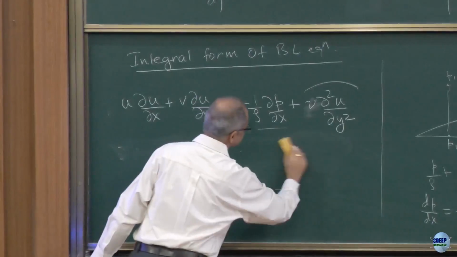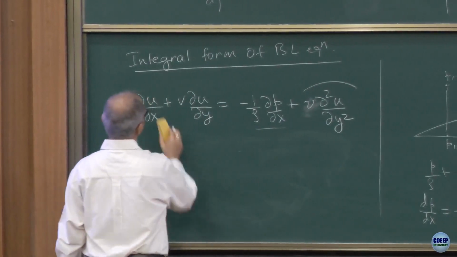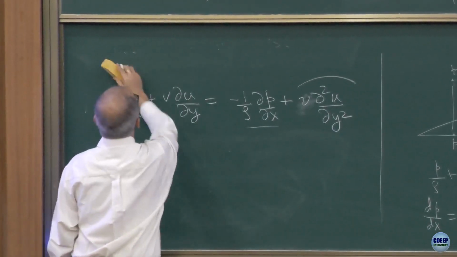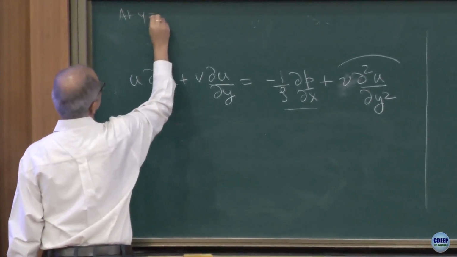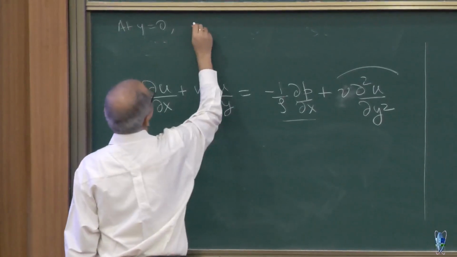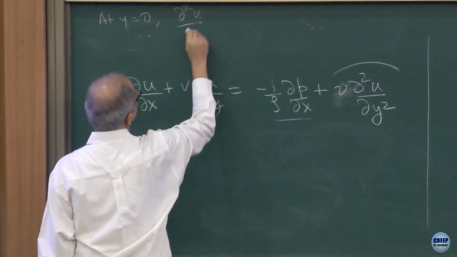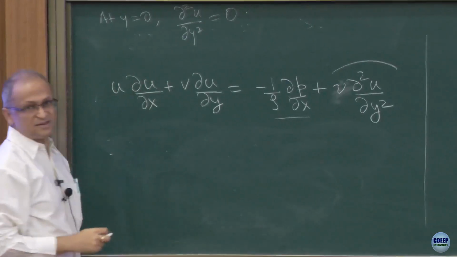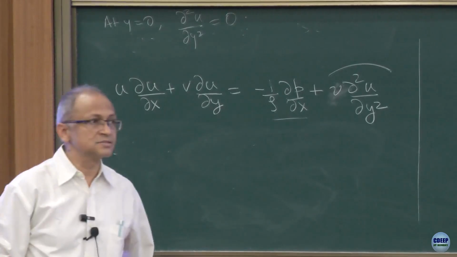How do I get that? The fourth condition that is being suggested is that at y is equal to 0, we get del squared u by del y squared is equal to 0. Does this condition make sense? How do I get this?